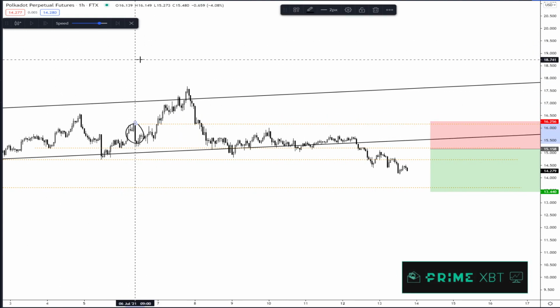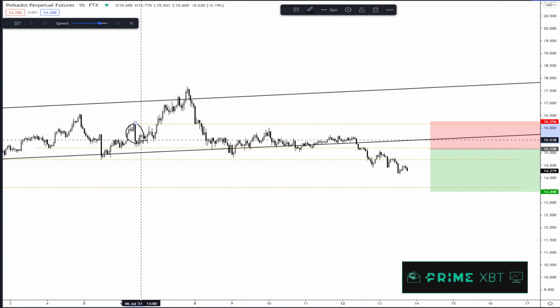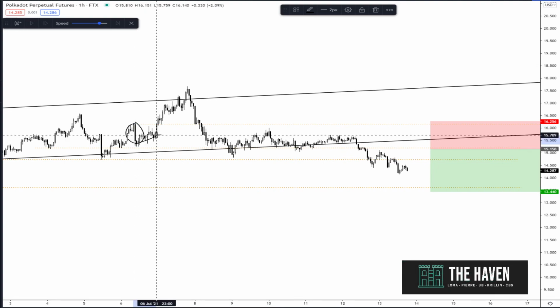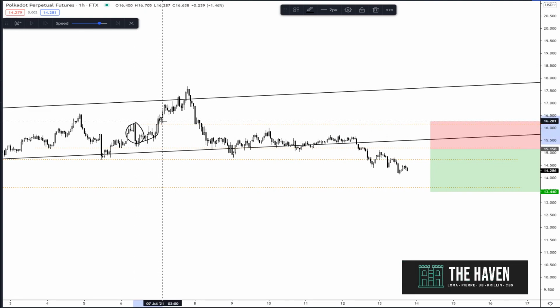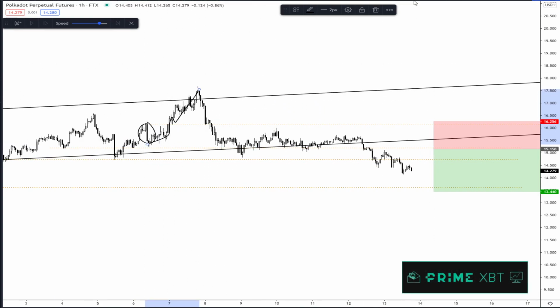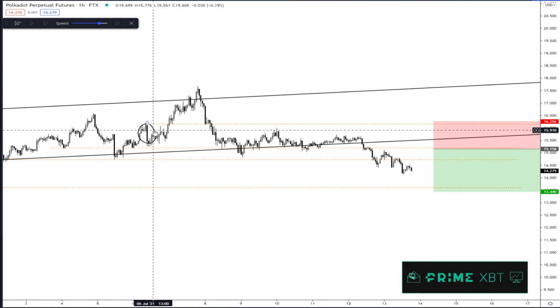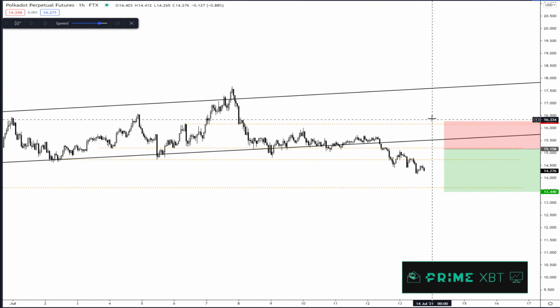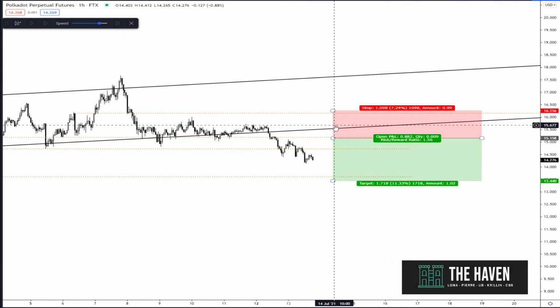Sorry, there's a plane going over me. Hopefully that's not too loud. So we had a major sell-off here, right? Grinded right back up, popped above this high and retested as support before creating a new high and faking out above our diagonal resistance. So that to me was a pretty important high, which is why my stop loss is just barely placed above it. But again, I would have stopped myself out just above 15.6 or so.